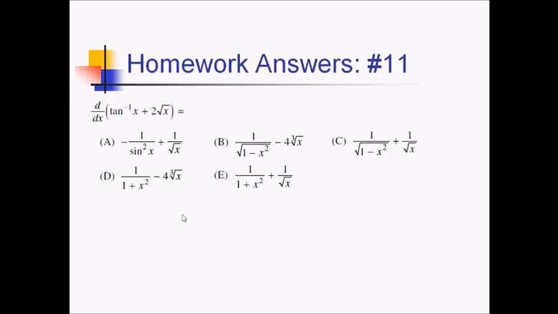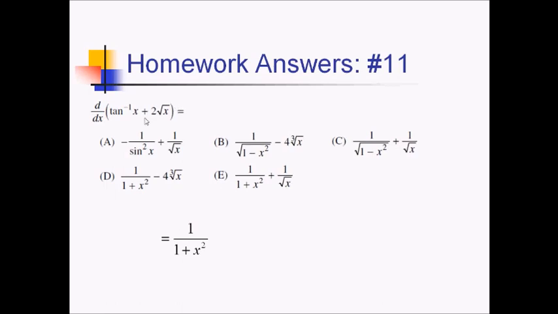For number 11, this is just pretty much a straightforward, go term by term and take the derivative kind of problem. So we need the derivative of tan inverse, which is also arctan. So that derivative is going to be 1 over x squared plus 1, or 1 plus x squared, either way. And then the derivative of 2 radical x. This is really 2 times x to the 1/2 power.